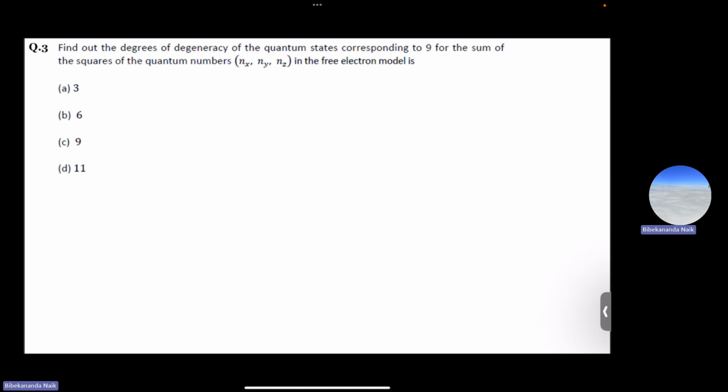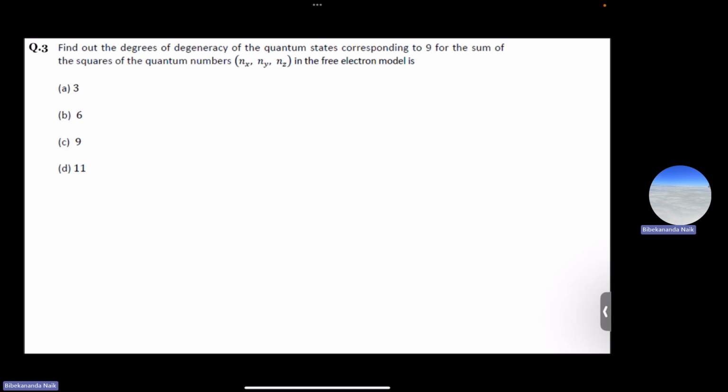The question says, find out the degree of degeneracy of the quantum states corresponding to 9 for the sum of the squares of the quantum numbers nx, ny, nz in the free electron model. So we need to find out the degeneracy of that state for which the sum of squares of the quantum numbers, that is nx, ny, and nz, is 9.